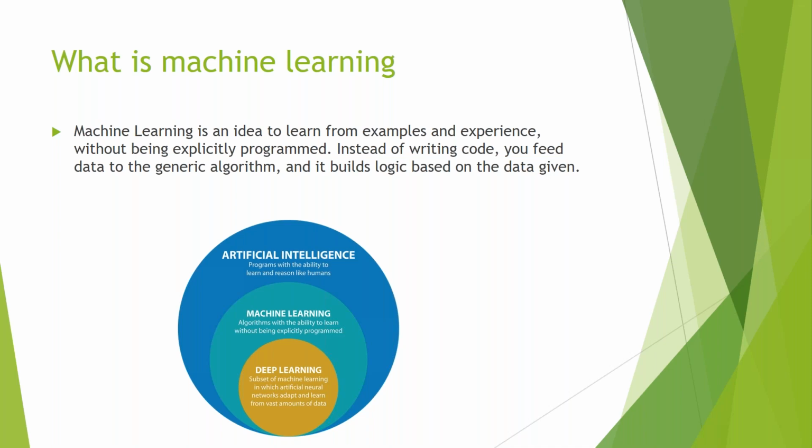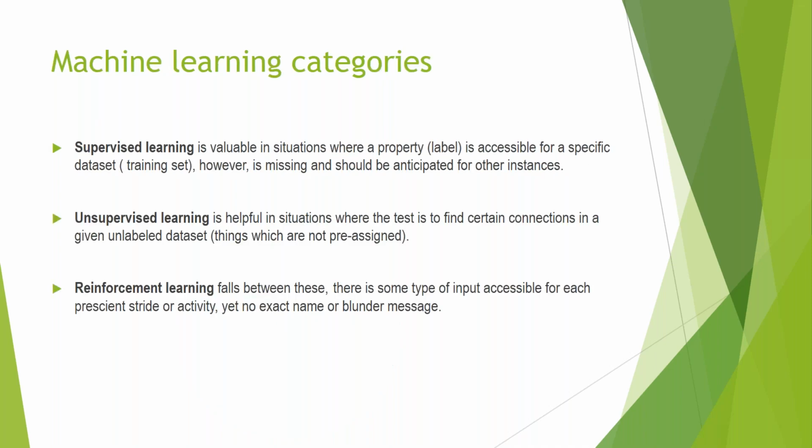So moving on, what are the machine learning categories? There are broadly 3 categories of machine learning: supervised learning, unsupervised learning, and reinforcement learning. Supervised learning works this way: the algorithm consists of a target or an outcome variable, which is to be predicted from a given set of predictors.